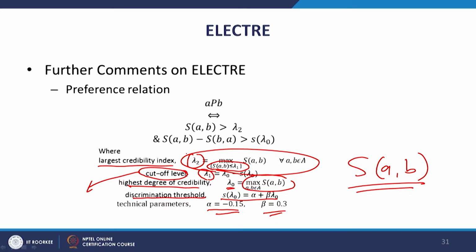Now that was the part we had discussed in the previous lecture, about the first stage of ELECTRE, where we compute the outranking degree, the outranking relation and the preference relation. Then we have the second part, the distillation phase that we talked about in the previous few lectures: the ascending distillation procedure and the descending distillation procedure.